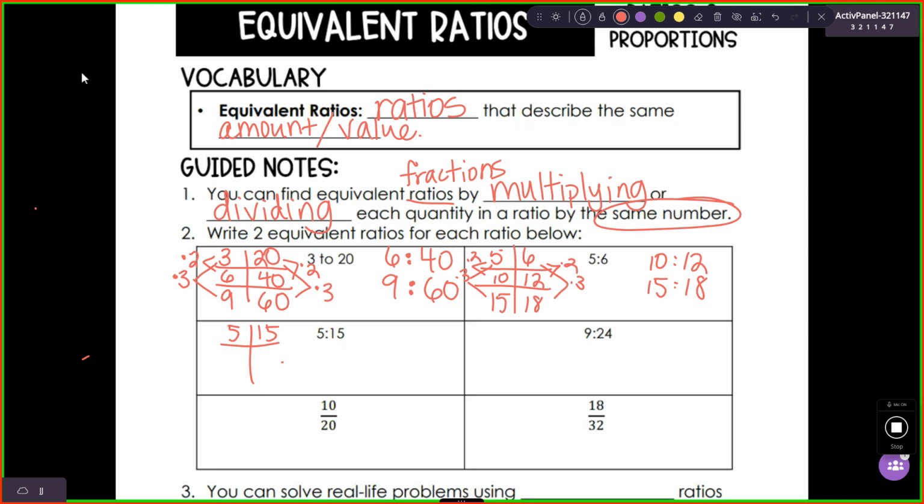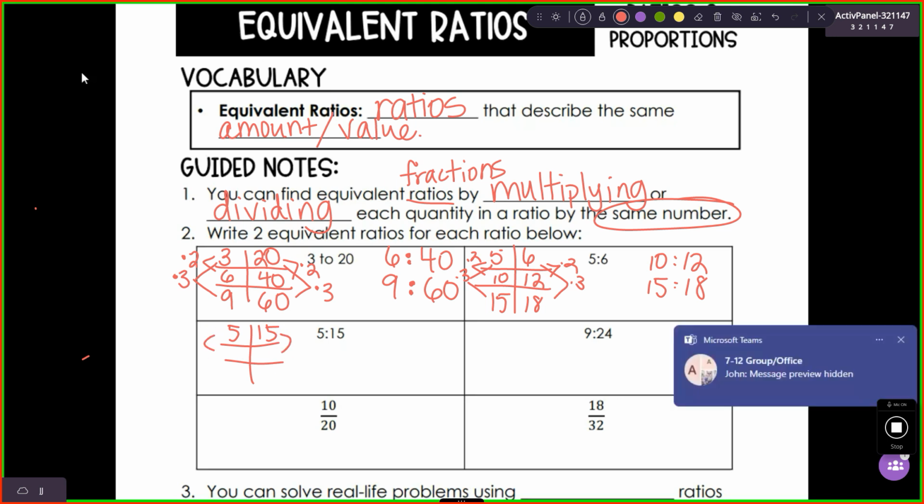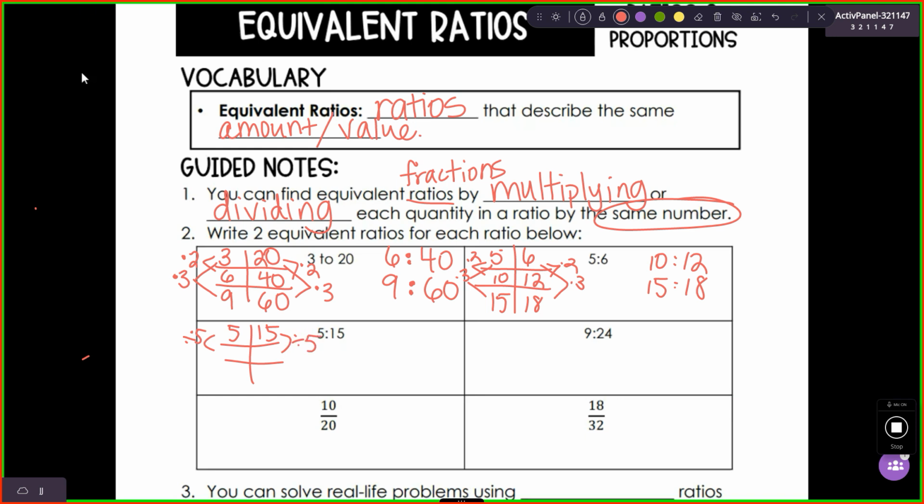Instead of multiplying here, let's what? Divide. So 5 divided by 5 is 1. 15 divided by 5 is 3. Is that still correct? Is that still a ratio? Yes, ma'am. But it's simplified all the way down.